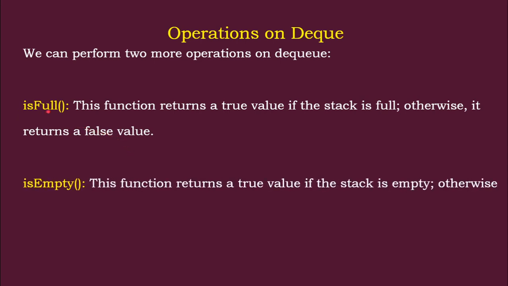Is full returns a true value if the DQ is full, otherwise it returns a false value. Is empty returns a true value if the DQ is empty.